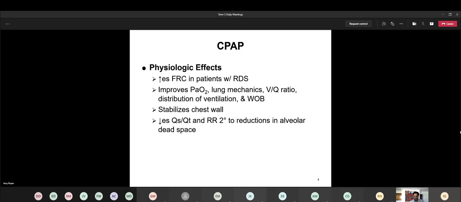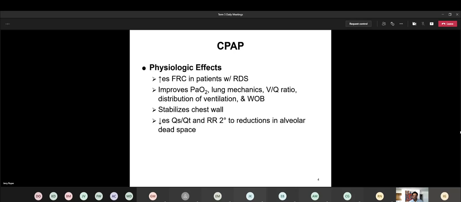And then the last point here, what does CPAP really do? Of course, it is decreasing your shunt fraction. And your overall work of breathing is going to be lower. So all of this is going to happen because you're improving overall gas exchange, and then of course you're not going to have as much alveolar dead space anymore.